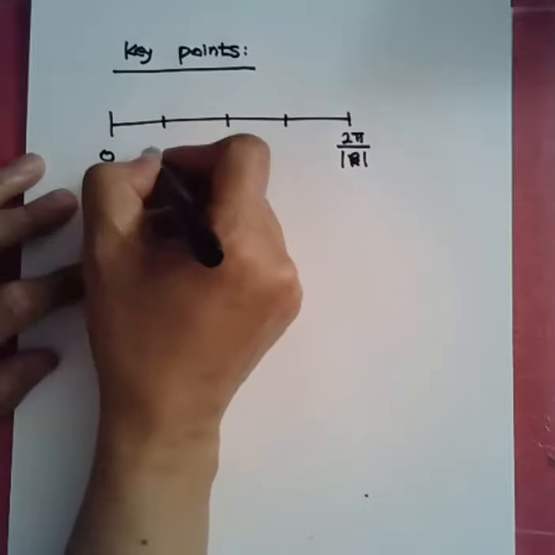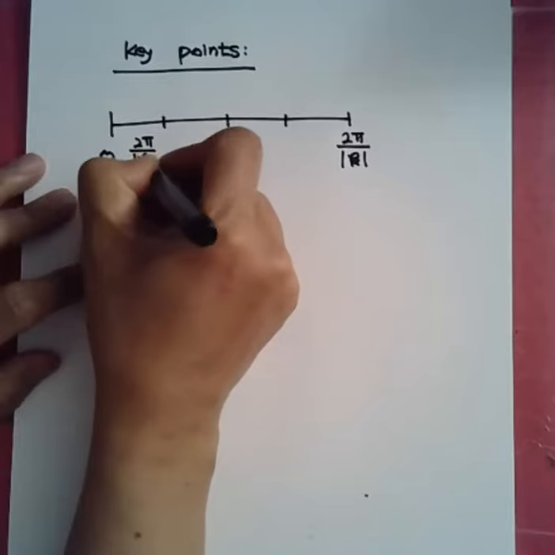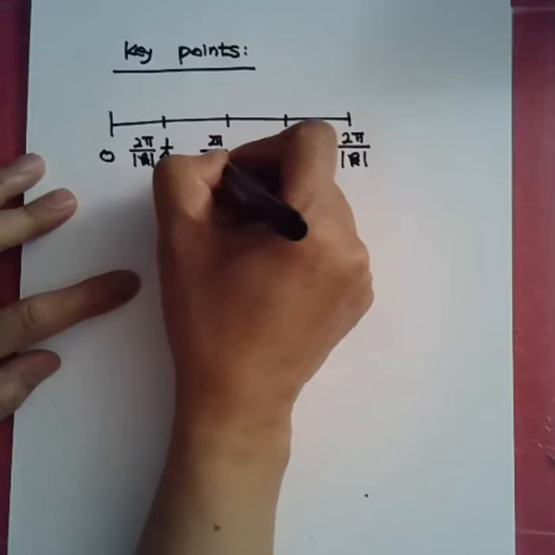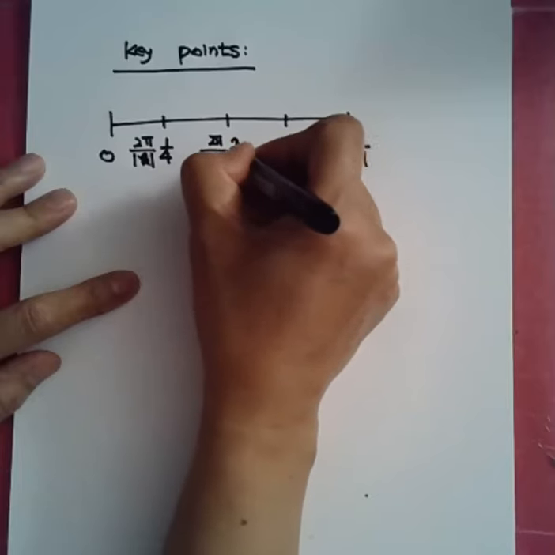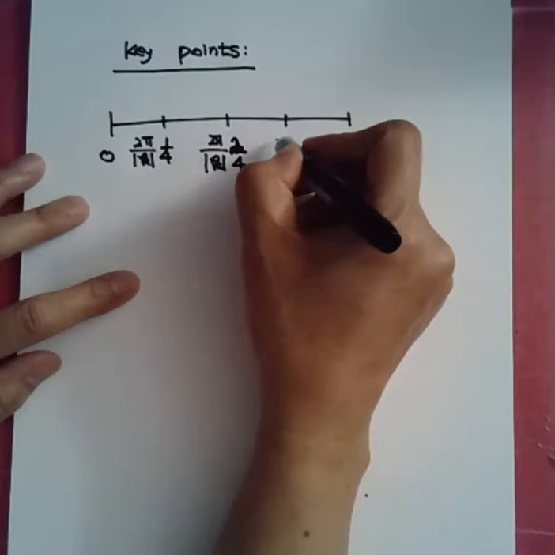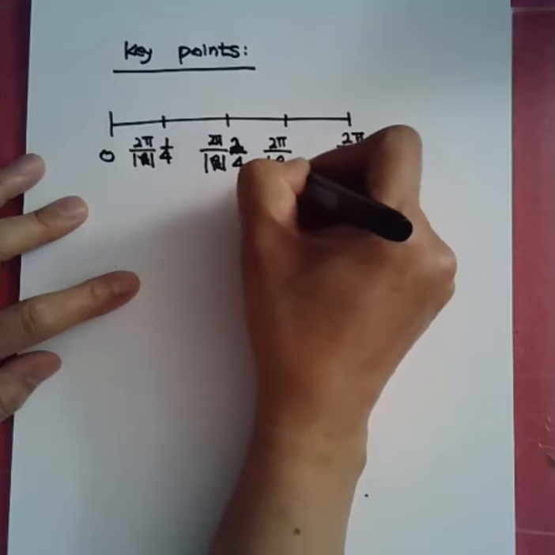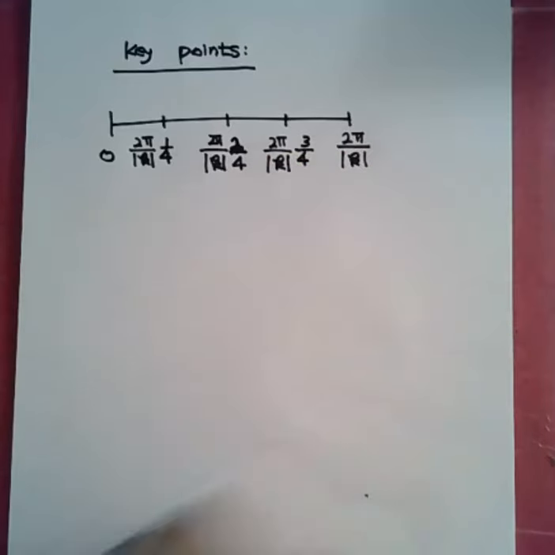So the first benchmark will be 2 pi over absolute value of k times 1/4. The second one is 2 pi divided by absolute value of k, which is the period, times 2/4. The third one is 2 pi divided by absolute value of k times 3/4. So what you have to do is just multiply 1/4, 2/4, and 3/4 to the period.